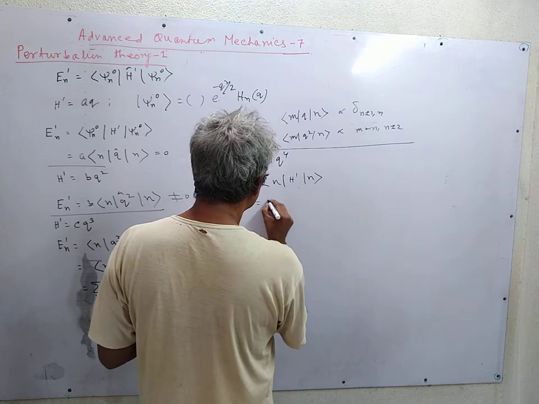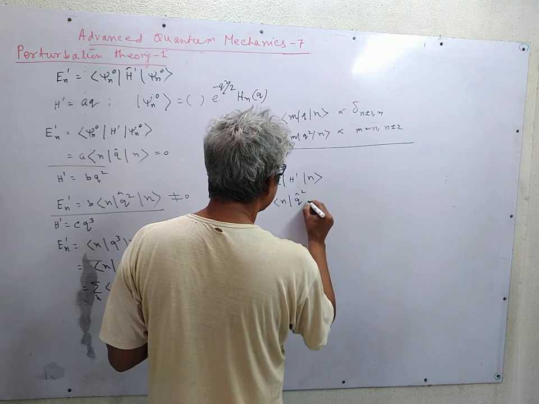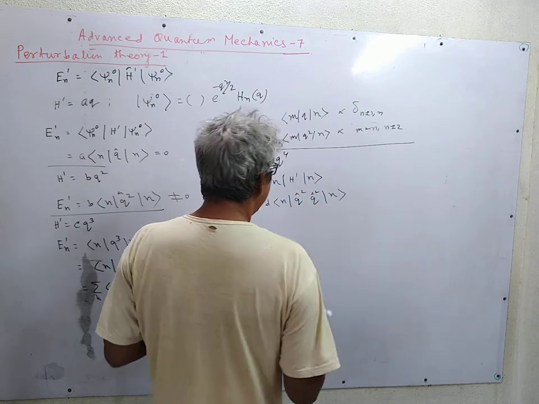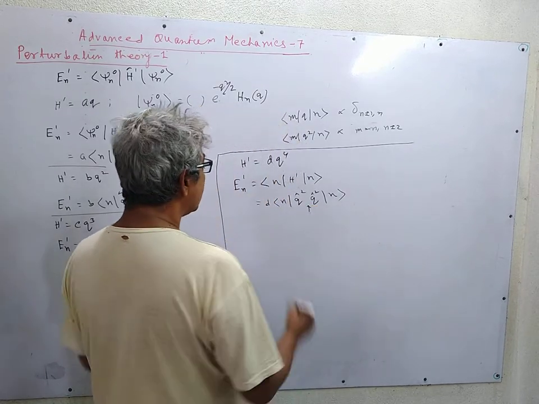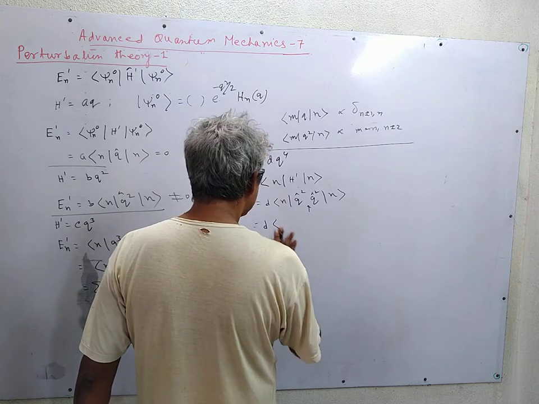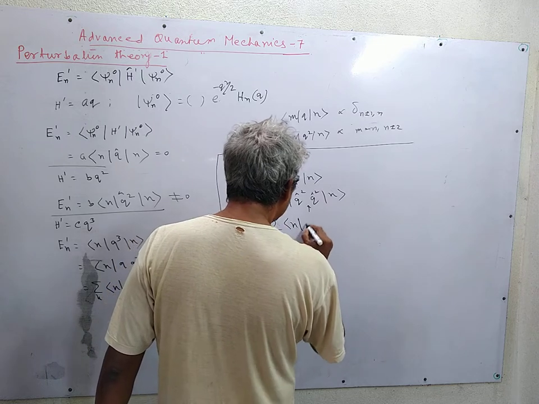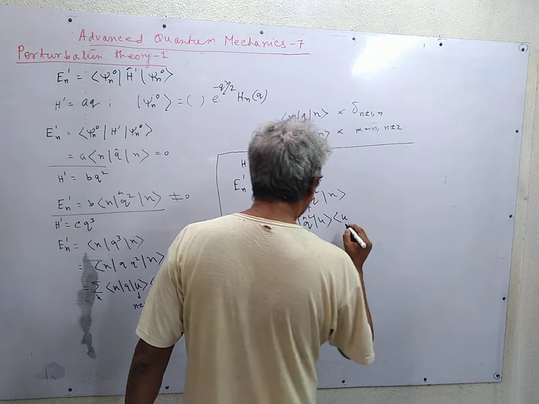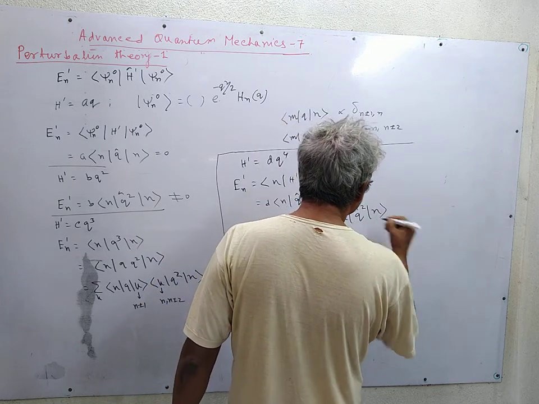This is written as d n q square operator q square n, and we sandwich the identity completeness relation between them. So this is d summation over k of n q square k k q square n.